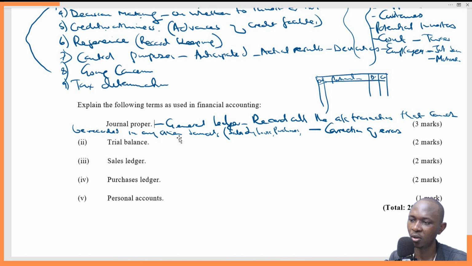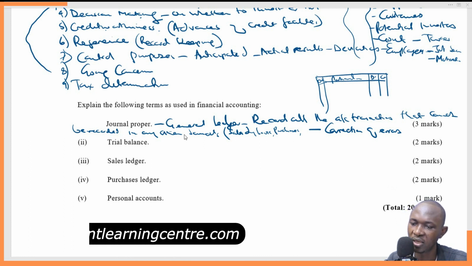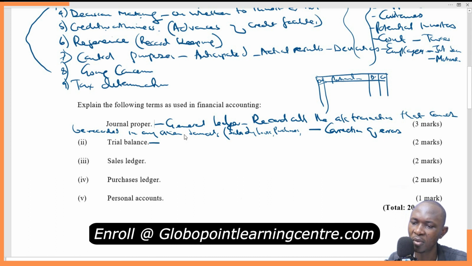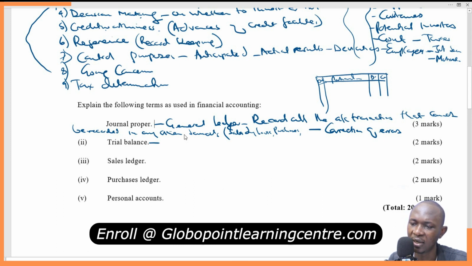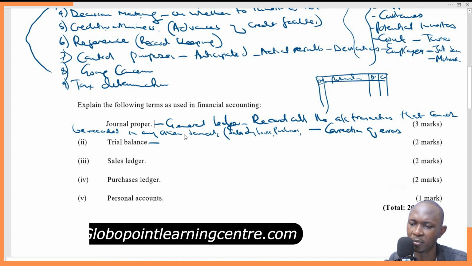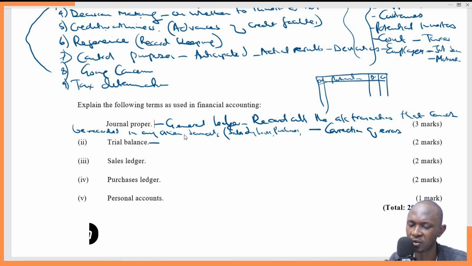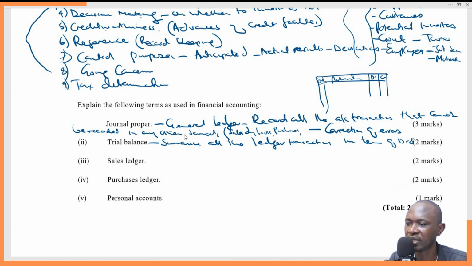It's a general journal that is used to record all the transactions that cannot be recorded in all the other journals or day books. Then the trial balance. Trial balance is just one of the books that is used to summarize all the ledger transactions in terms of debit and credit.